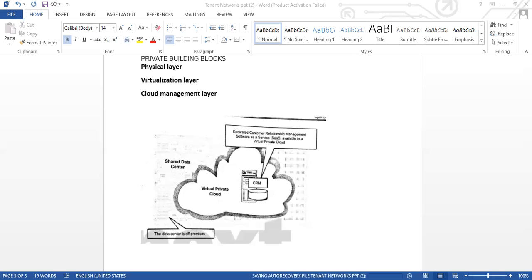The data center, most likely on-premises, is shared with multiple organizations. If the data center is not shared, that is a private cloud.